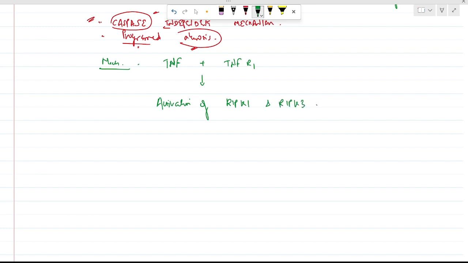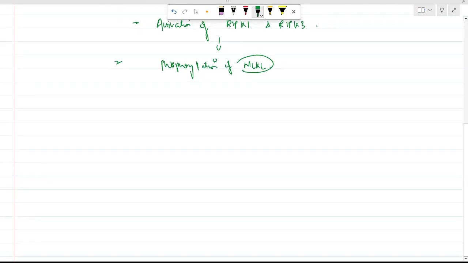This leads to phosphorylation of MLKL. Phosphorylation of this protein MLKL, very important. These two are very important. Activation of RIPK1 and RIPK3 leads to phosphorylation of MLKL.